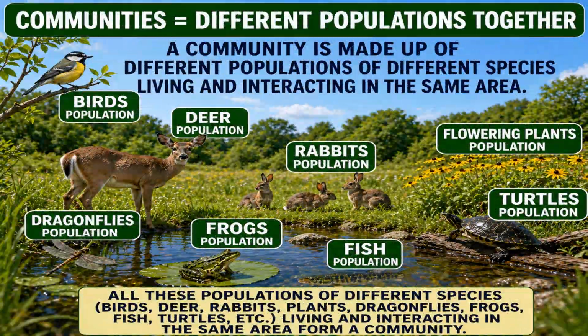Now, let's look at communities. Different populations together. A community is made up of different populations of different species living and interacting in the same area. So all of these populations of different species come together to form a community.